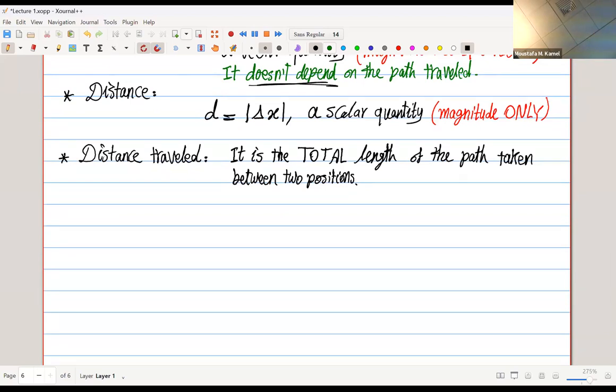We have examples of vector versus scalar quantities. For example, if you think about velocity, velocity is a vector quantity. If you think about driving your car this way, it's different than driving your car that way. We also have, we will see later on in the course, forces are vector quantities because you can push a chair this way and it's different than pushing the chair that way. The result is different. Scalar quantities are like temperature, for example. There is no direction for temperature. Temperature is just a number, right?